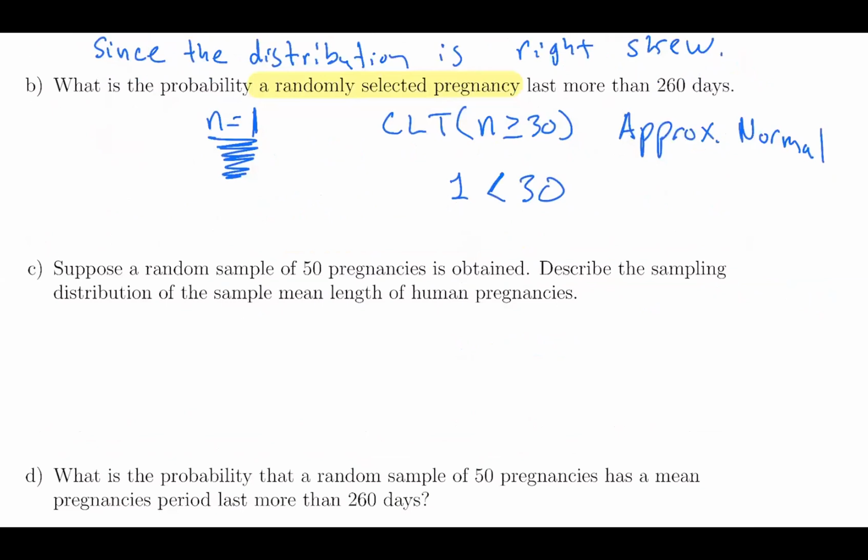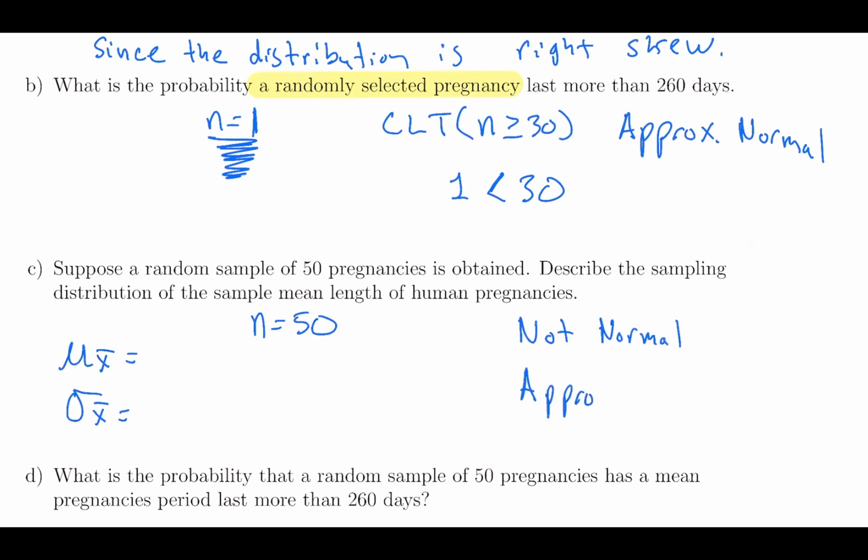So n is equal to 50. That means we're going to find mu of x bar, and we're going to find sigma of x bar. And we're also going to say whether this distribution is not normal, or whether this distribution is approximately normal.